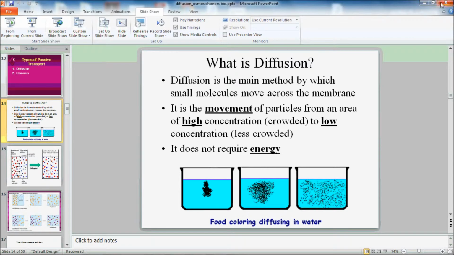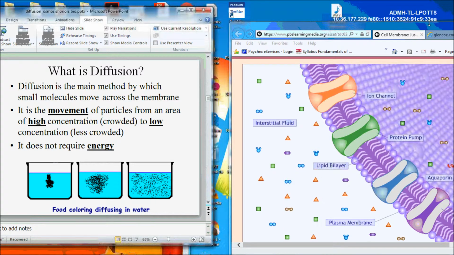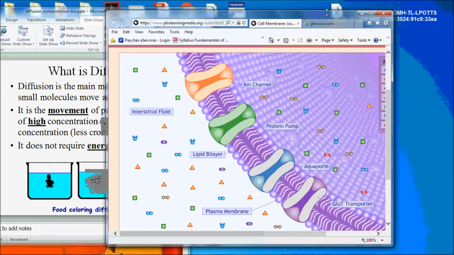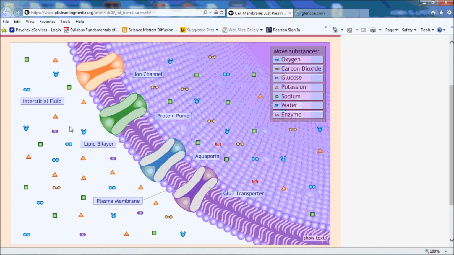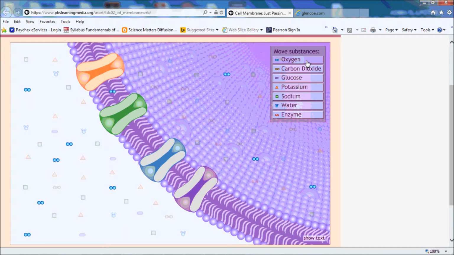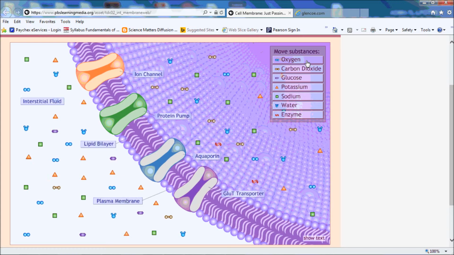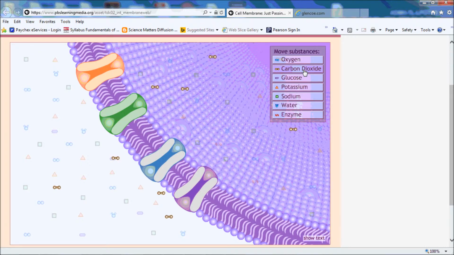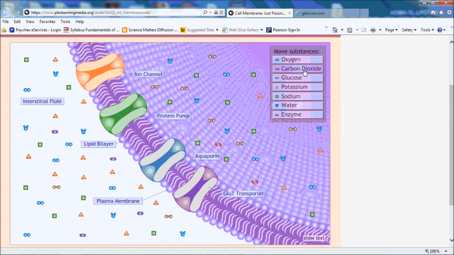So if we go back to our PBS cell membrane model, evidently the oxygen was crowded outside of the cell and moved inside of the cell where it was less crowded. The carbon dioxide had to be crowded inside of the cell because it moved outside of the cell where it was less crowded.